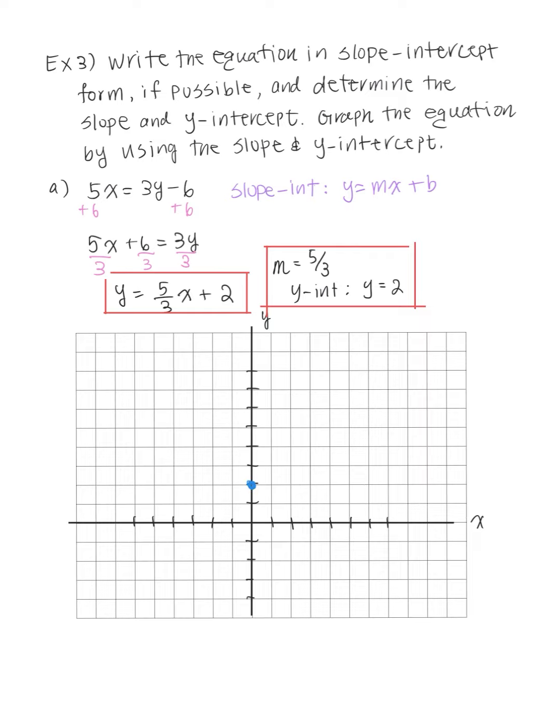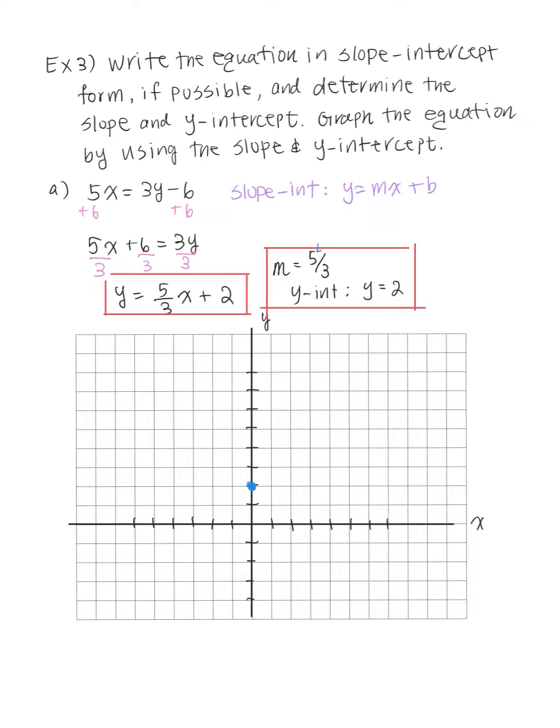Now, remember, slope is also called rise over run, right? So our rise unit is positive 5 and the run unit is positive 3. So here, from the y-intercept, you're going to go up 5 units: 1, 2, 3, 4, 5.